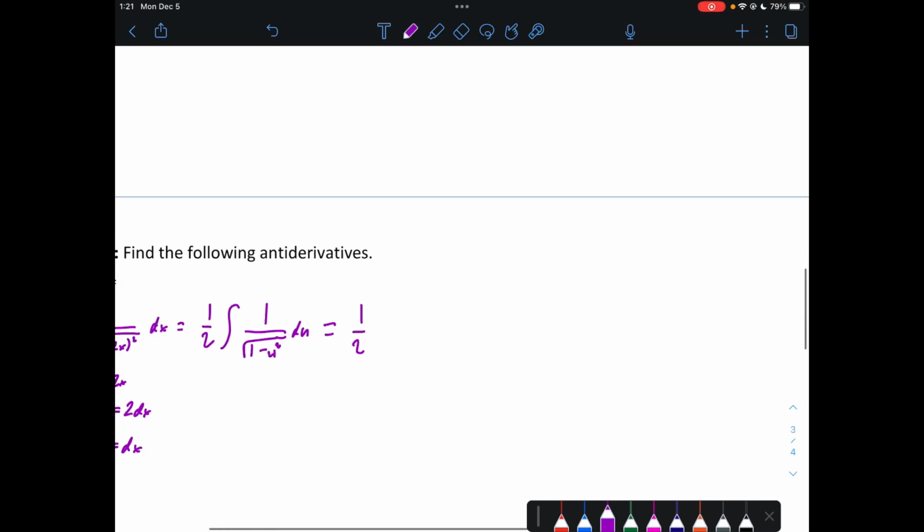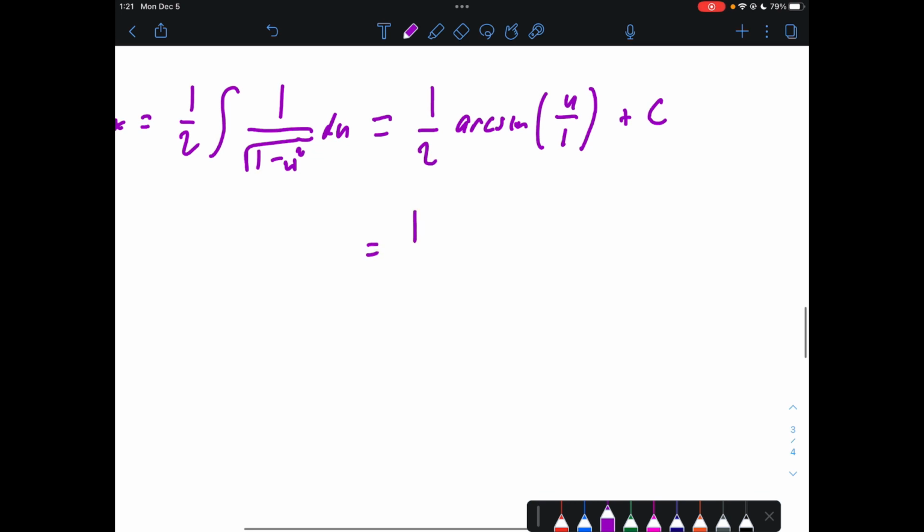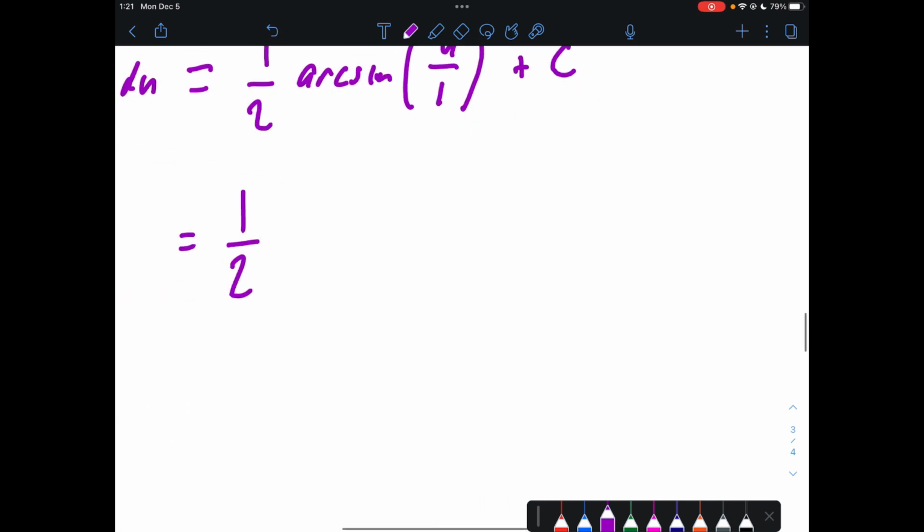Arc sine u over a. So arc sine u over a plus c. And don't forget to re-substitute back in. U was 2x, so it'll be arc sine 2x plus c.